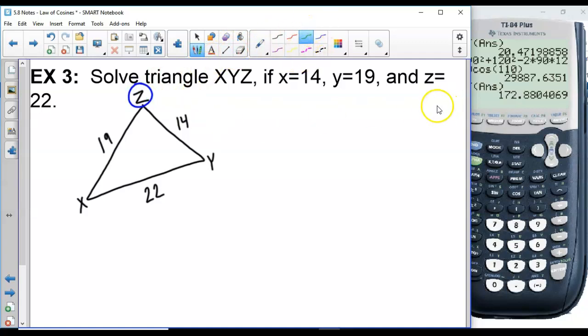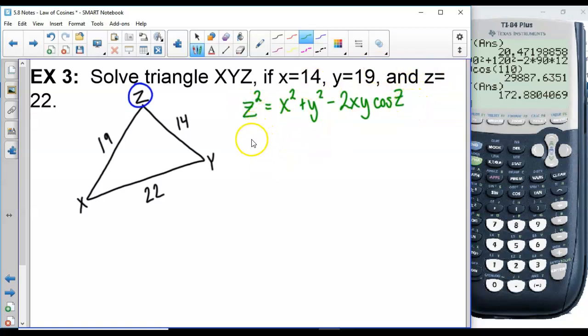So the law of cosines here, in this case, if we're finding z, then z squared would equal, I'm going to write it, you'll have x squared plus y squared minus 2xy cosine of capital Z. There.